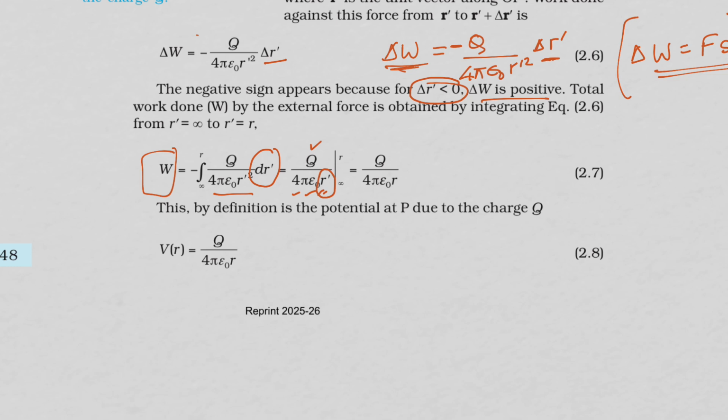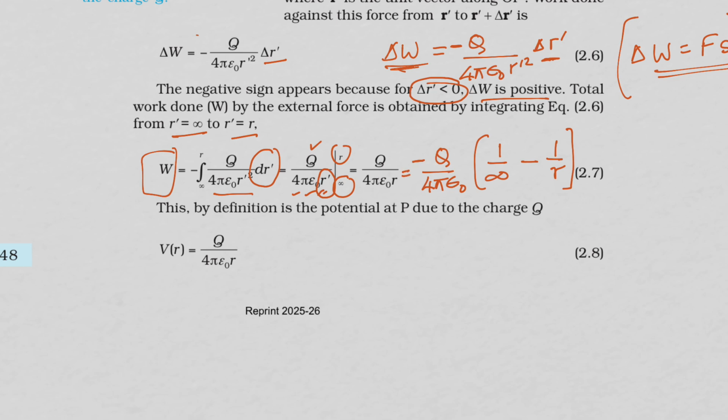So total work done to bring the charge from infinity to the point P, that is R, in that our limits are infinity to R. So it will become Q upon 4 pi epsilon naught, and then 1 by infinity minus 1 by R. And a negative sign is already there.